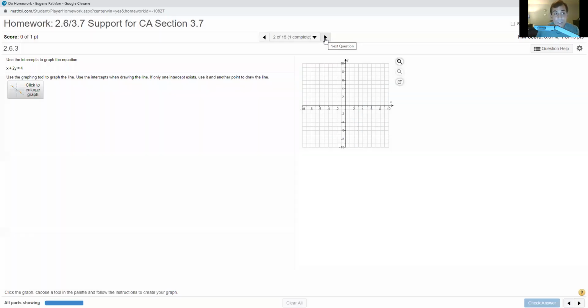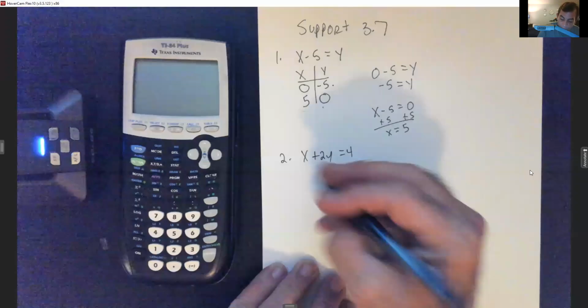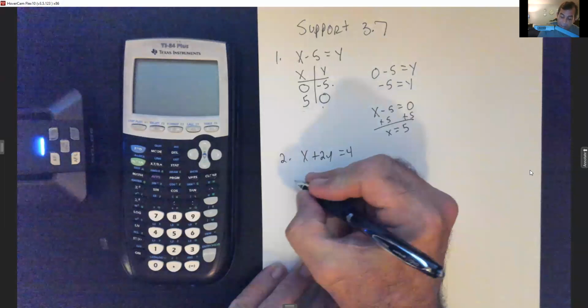Same thing, use intercepts to graph the equation. So number 2 has x plus 2y equals 4. So let's go to the screen and watch that be worked. All right, so x plus 2y equals 4. Once again, I'm going to do an x and y table with the x being 0 and the y being 0.